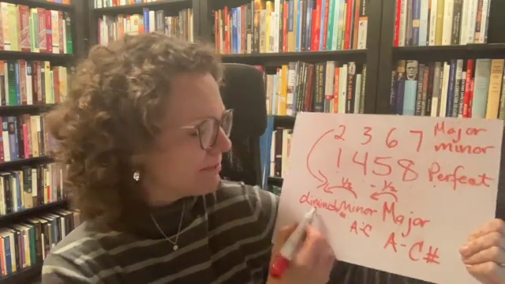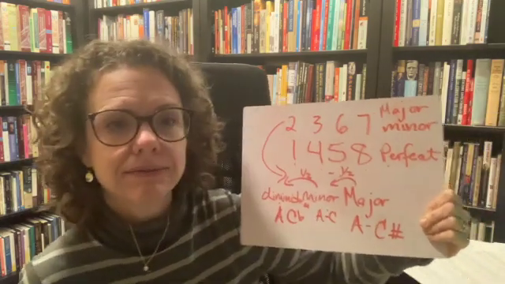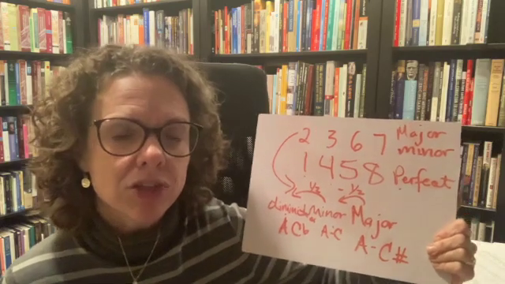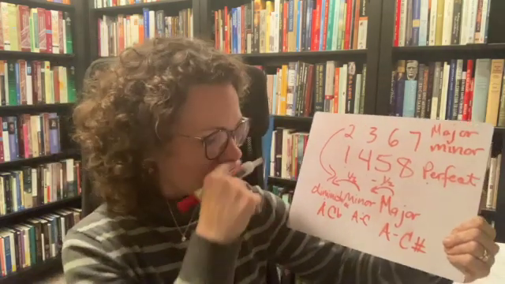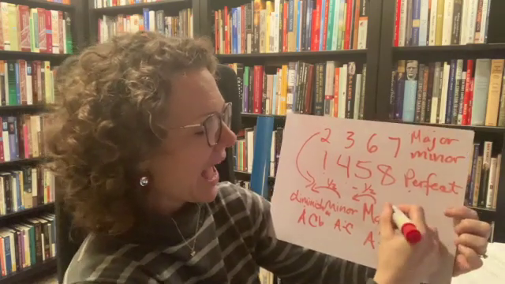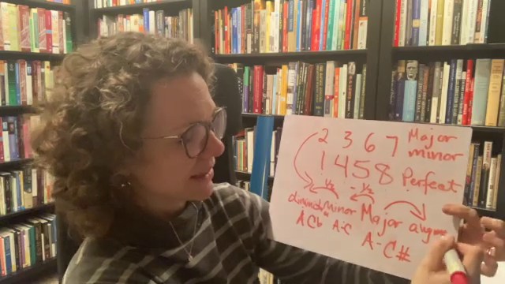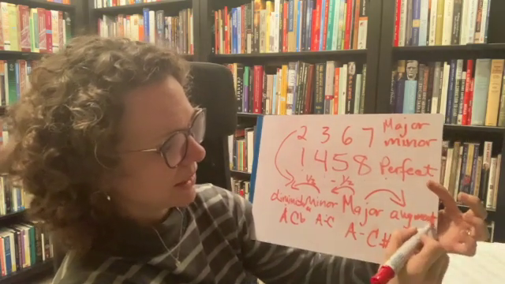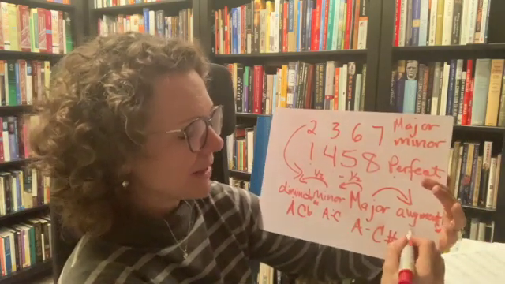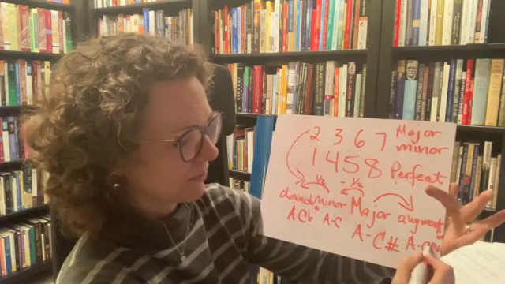To make it a diminished third, A to C flat is a diminished third, okay? Now, I could also make this bigger. When I add a half step, it becomes augmented. That would be A to C double sharp.